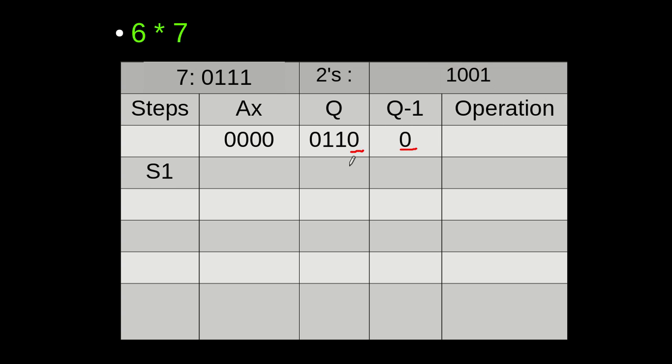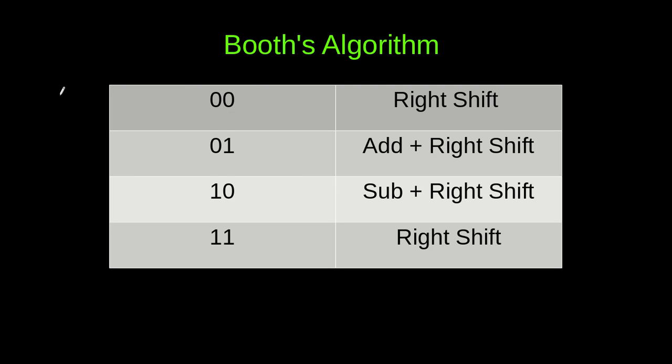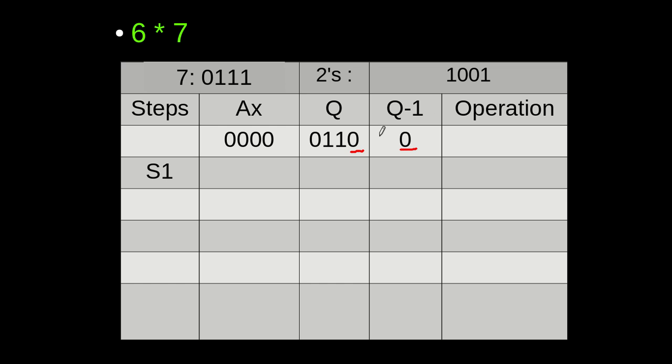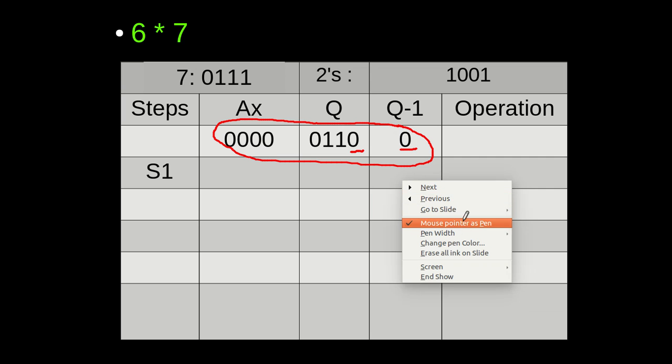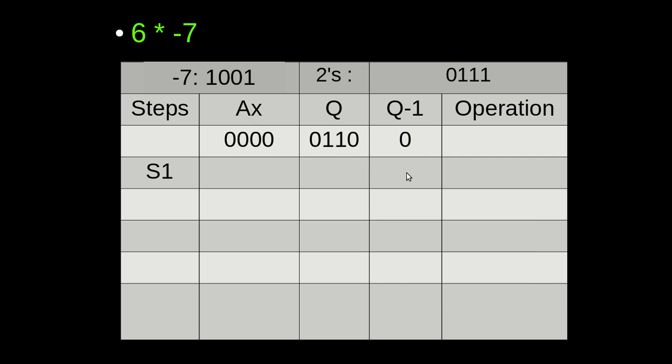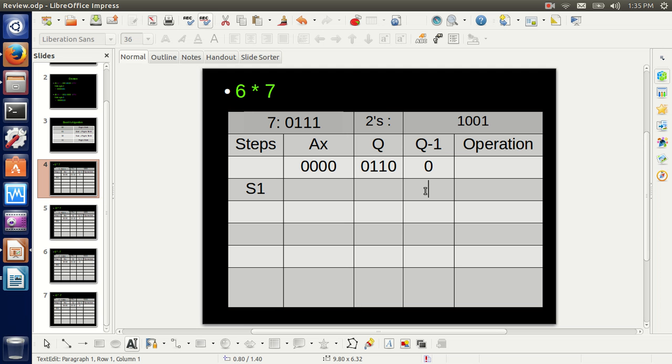If I have 0, 0, what do I do? If you look at this, right shift. I just right shift this whole thing. So let's right shift it. I'll shift this 0 here. Oh, okay, sorry guys. I'm going to have to go back here.